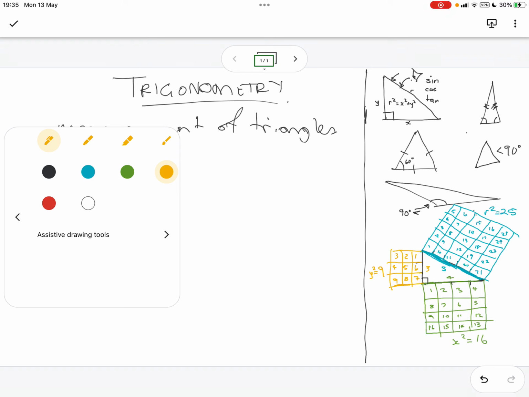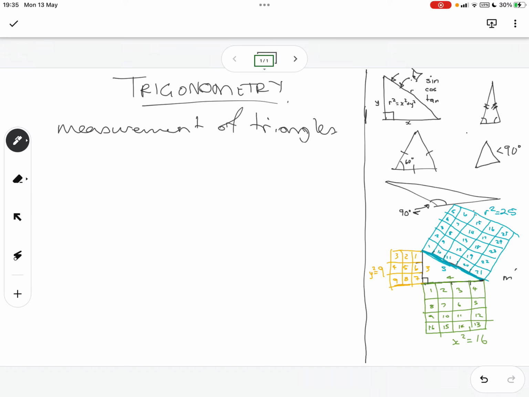So this is not necessarily a proof, but I want you to visually understand that when we square a length, we get an area. Because the units for area are meters squared, and the units for length are meters. And you only get an area if you multiply a distance times a distance.